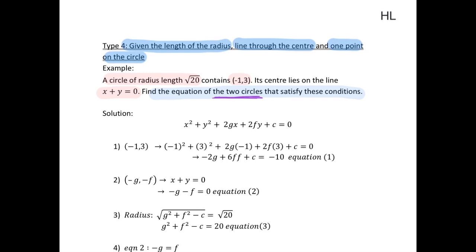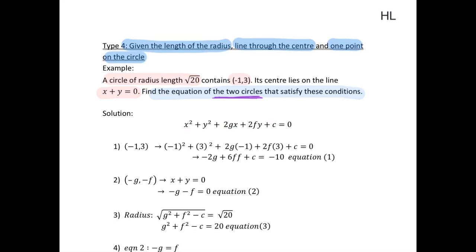Just as in all of our other questions of this type, we'll write down our general equation, and we're going to look to find three equations that we can solve to get our values for g, f, and c as always. First, we're told that the point -1, 3 lies on our circle.